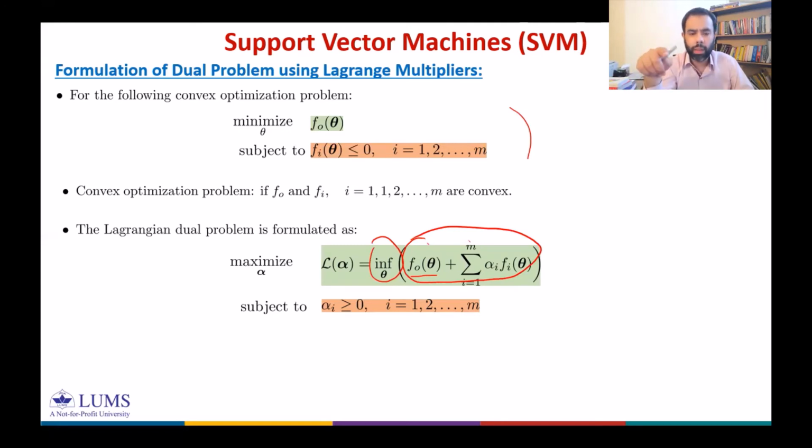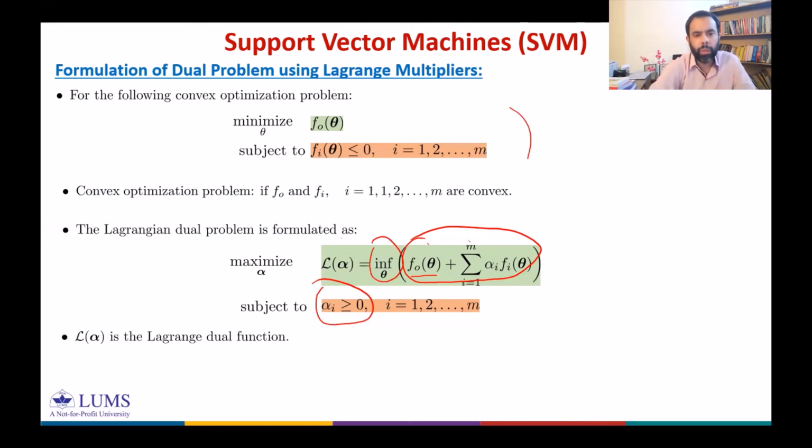We have a condition on these weights: each alpha i should be greater than or equal to 0. When we take the minimum with respect to theta, the function we get will be a function of the Lagrange multipliers, alpha, only. This L of alpha is known as the Lagrange dual function.